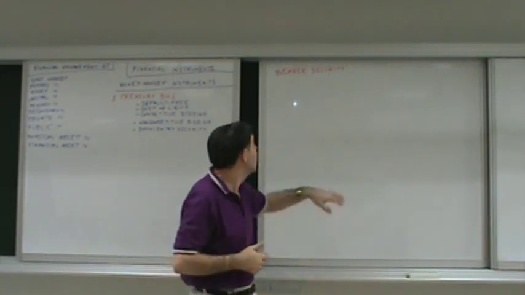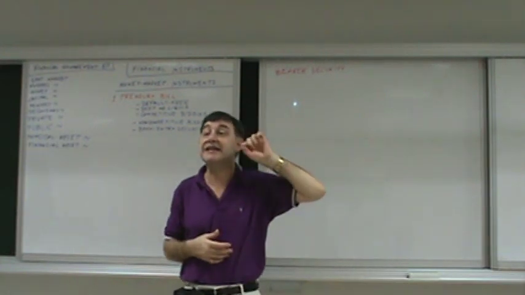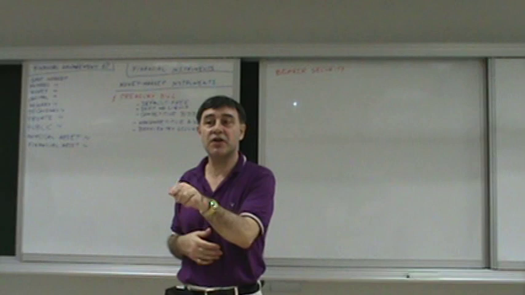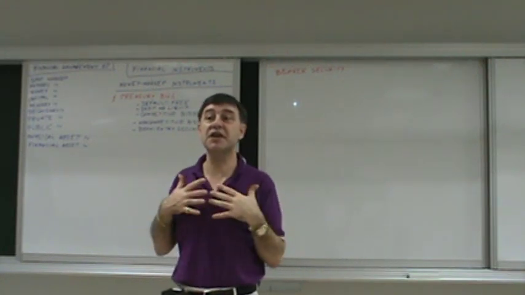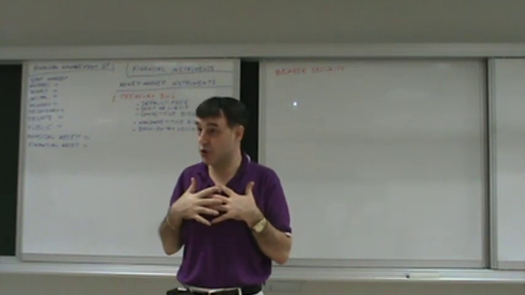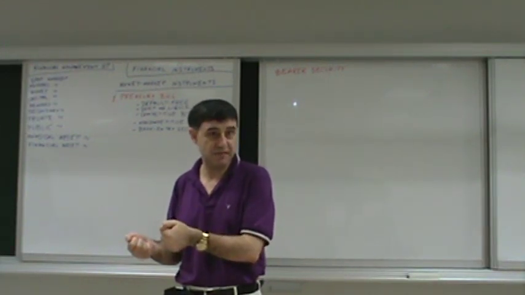Well, that's called a bearer security. Bearer security is paid to the bearer whenever it matures. Bearer is the person who owns and possesses, meaning who bears the security with him on maturity.